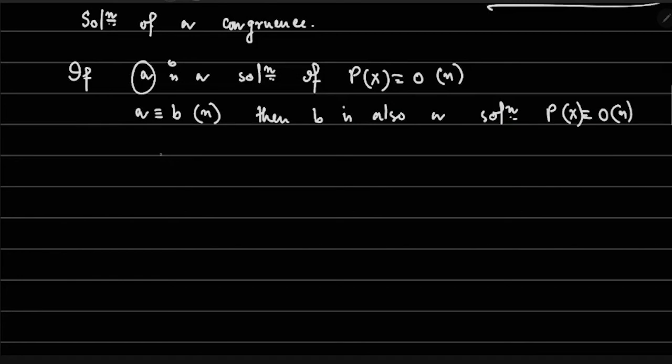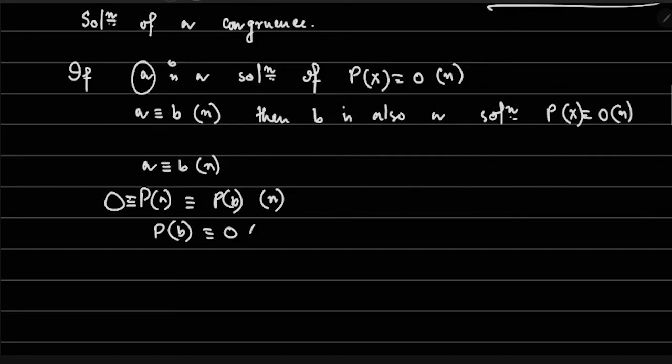Because if a is congruent to b mod n, then P(a) is congruent to P(b) mod n from our previous discussion, and P(a) is congruent to 0 as a is a solution of this congruence. Therefore, by the transitive property, P(b) is congruent to 0 mod n. Hence, b is also a solution of P(x) congruent to 0 mod n.